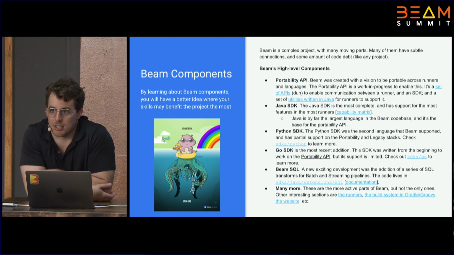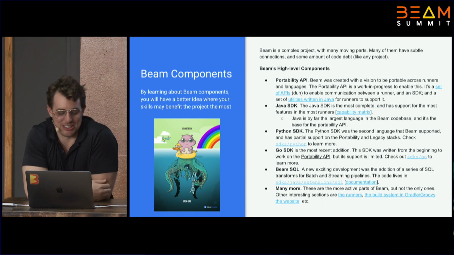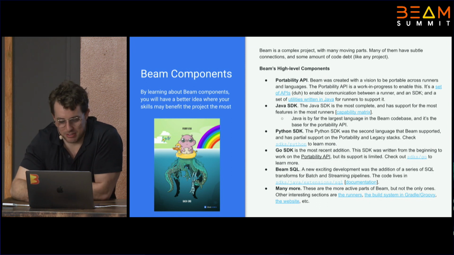Robert gave a fantastic talk at the last Beam Summit in London on how to write your own SDK in another language if you are crazy ambitious. Consider that. We're not going to dig into those specifics at the moment. We also have Beam SQL and a bunch of other bits.